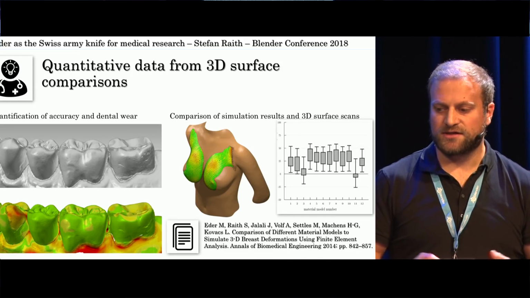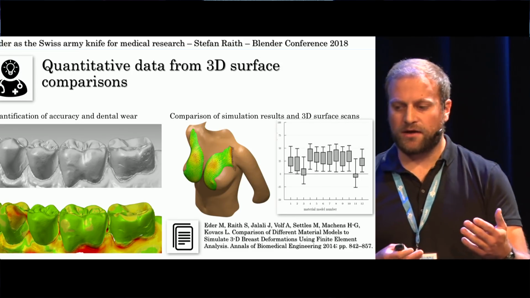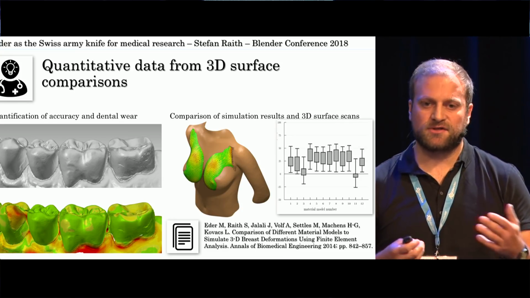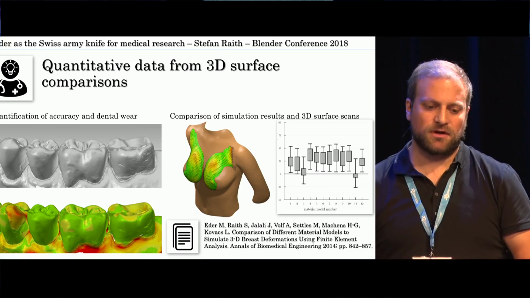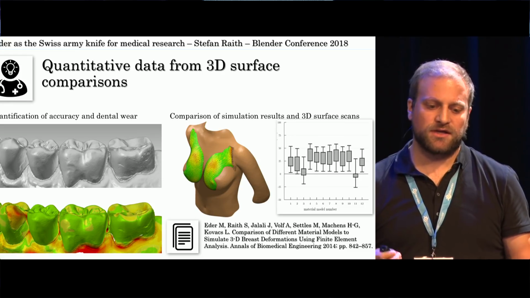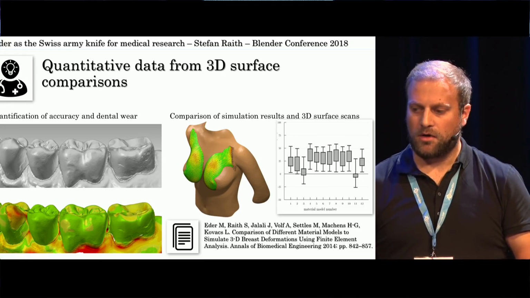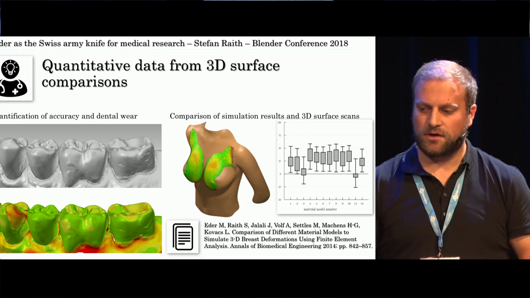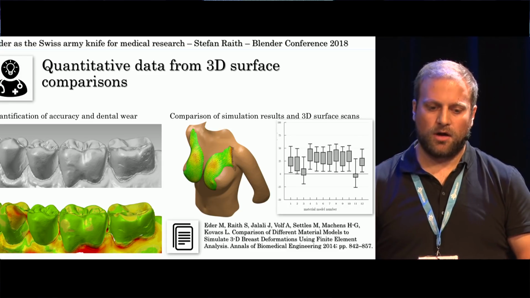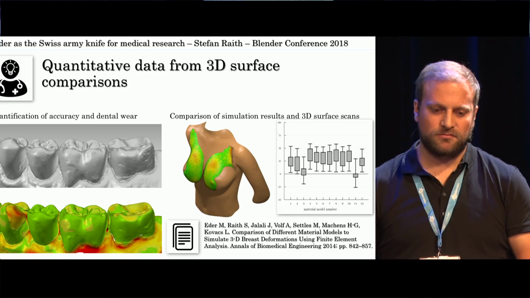Like this, we could evaluate and visualize with color scale plots the deviations, for example in dental scans, and also in body scans, where we compare simulation results with validation data on surface scans.